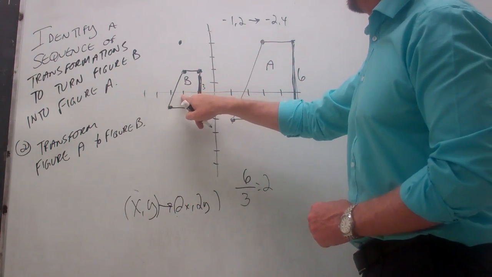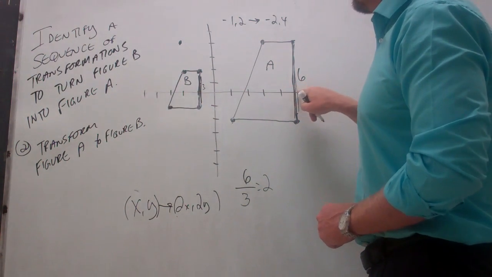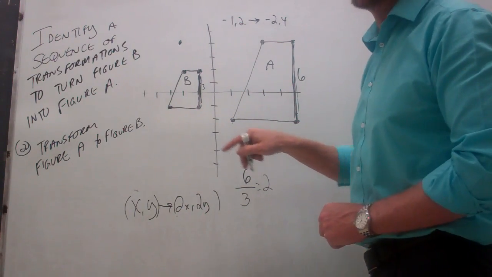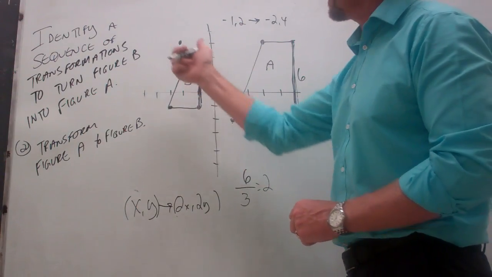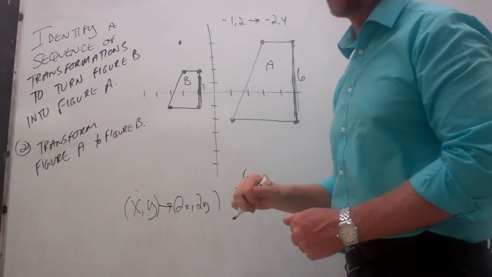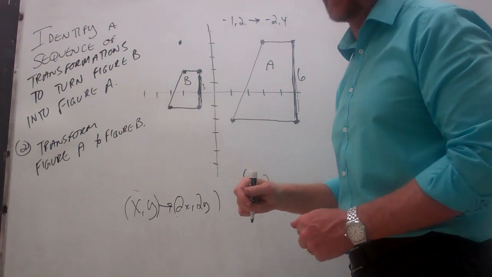We've got an x coordinate of -2, and here we have an x coordinate of 5. From -2 to 5, that's a total of 7 units. I need to move the whole trapezoid 7 units to the right. That means each one of the x coordinates would increase by 7.